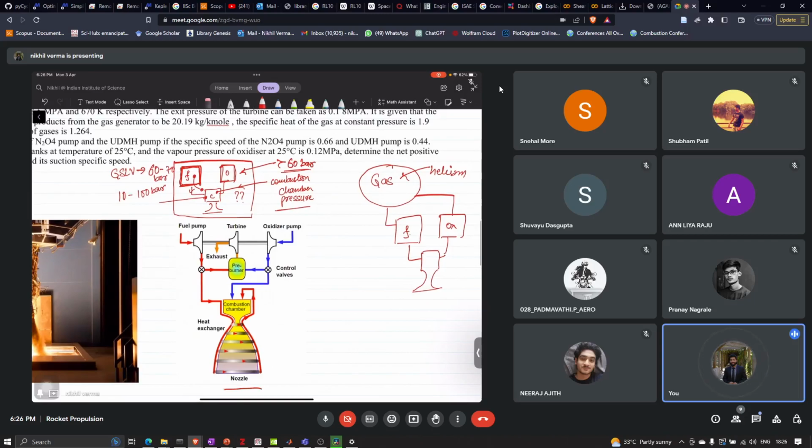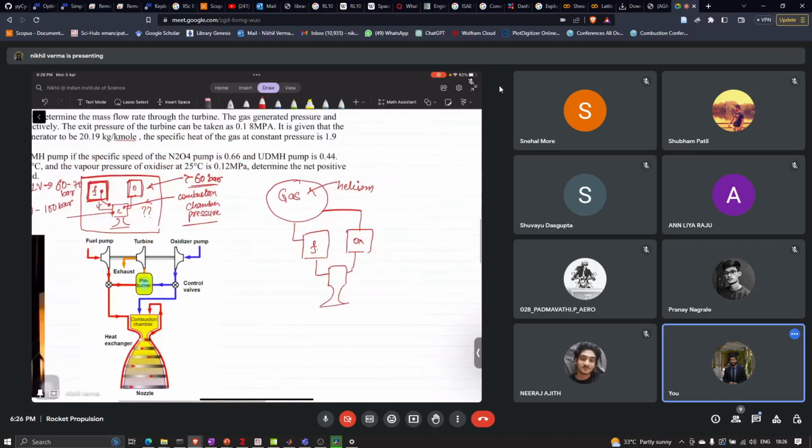So these are known as gas fed systems. Okay, they are relatively used where the combustion chamber pressure is low.